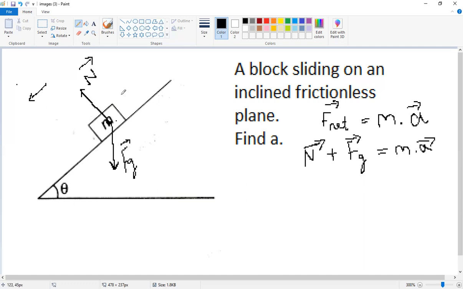When you have the case of an inclined surface, the direction of motion, this block is sliding along this axis. Look at the surface here, the inclined surface: we take it to be the x-axis, the positive x-axis.